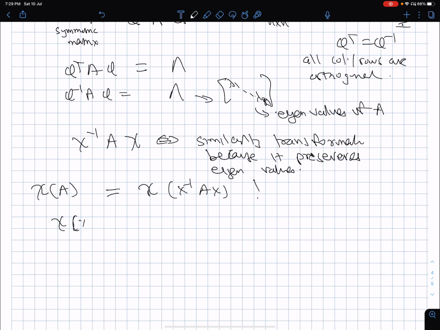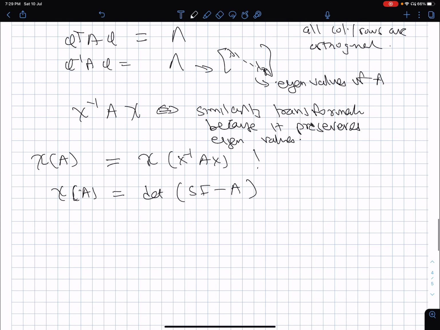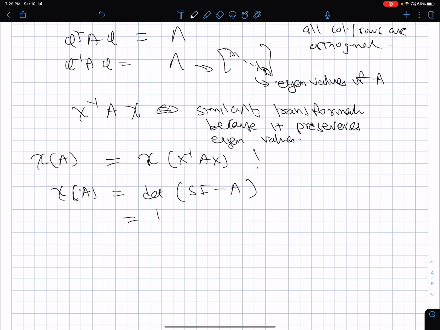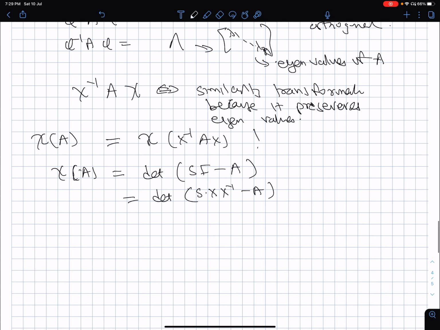The characteristic polynomial of A is nothing but the determinant of sI minus A, but this I can also write as the determinant of, instead of identity, I will write XX inverse minus A. Now I will take X out from the left side and X inverse out from the right side.